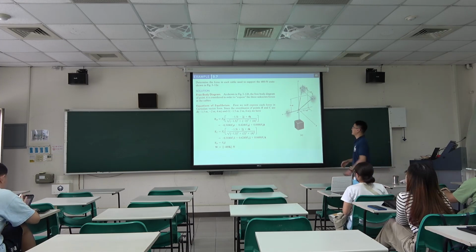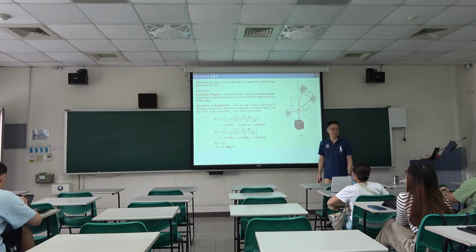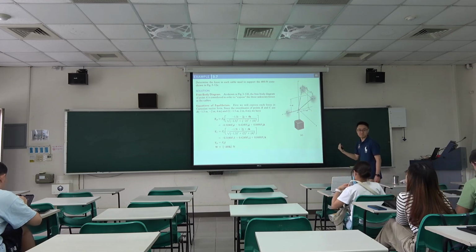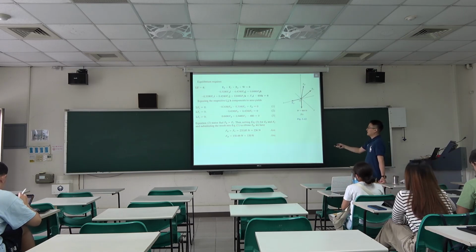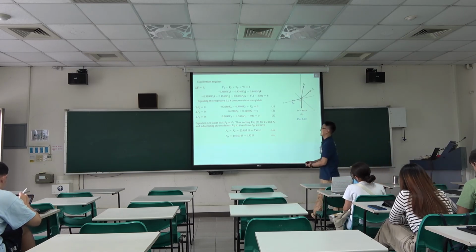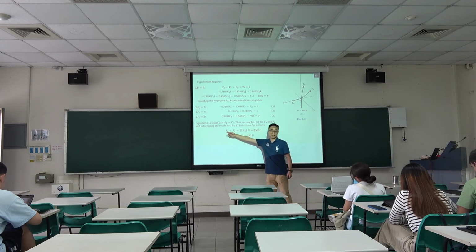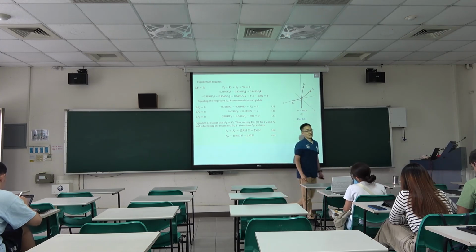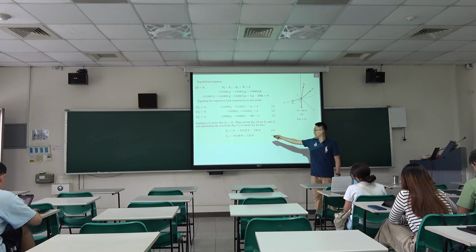So from our observation, AB and AC in terms of magnitude should be the same. Because it is a symmetric system, B and C will have the same magnitude. Clear?